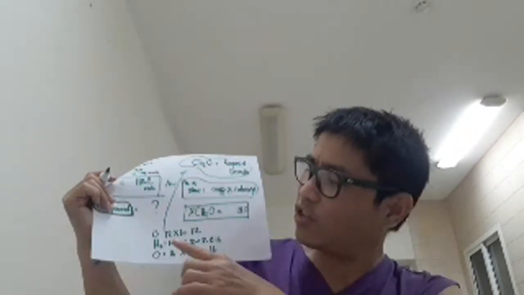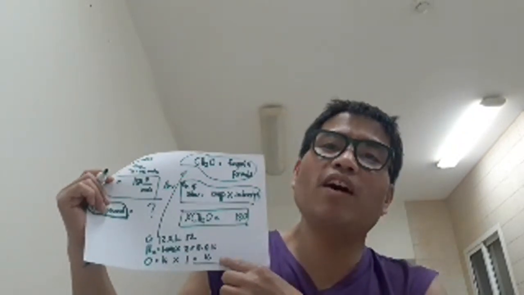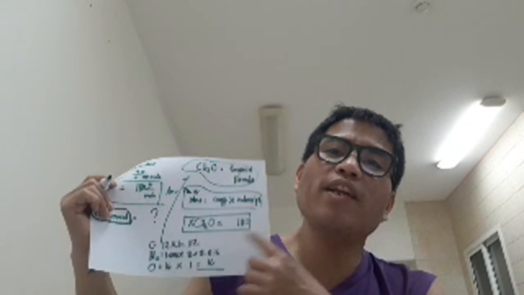We only multiply the subscript times the atomic mass unit, and we solve that individually for carbon, hydrogen, and oxygen. So we have 16. Now you can sum the answers from the carbon, the hydrogen gas, and oxygen. That is how we know the mass of our empirical formula.